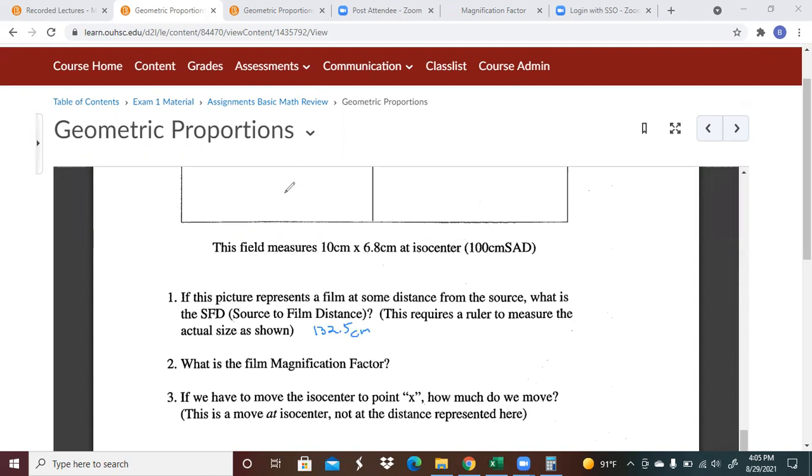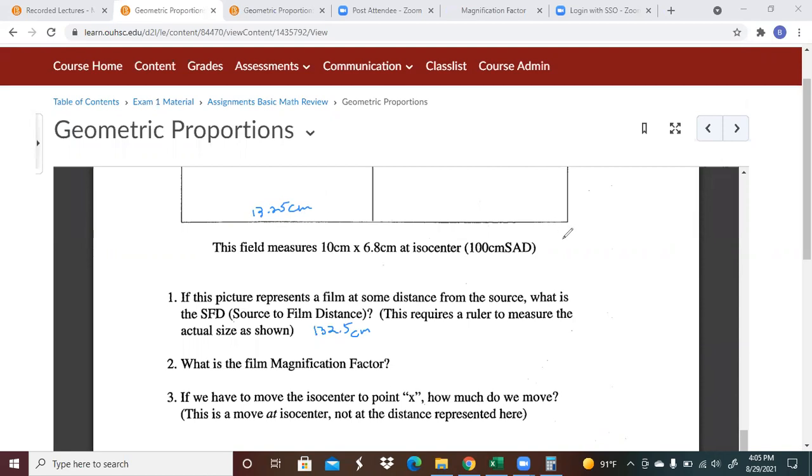And the reason is because that measurement over here goes from 10 to 132.5. Let's see, no, not 130. Yeah, just a second. There we go. Not 132.5, but the distance measured would be 13.25 cm. So you're going to go from 10 to 13.25.